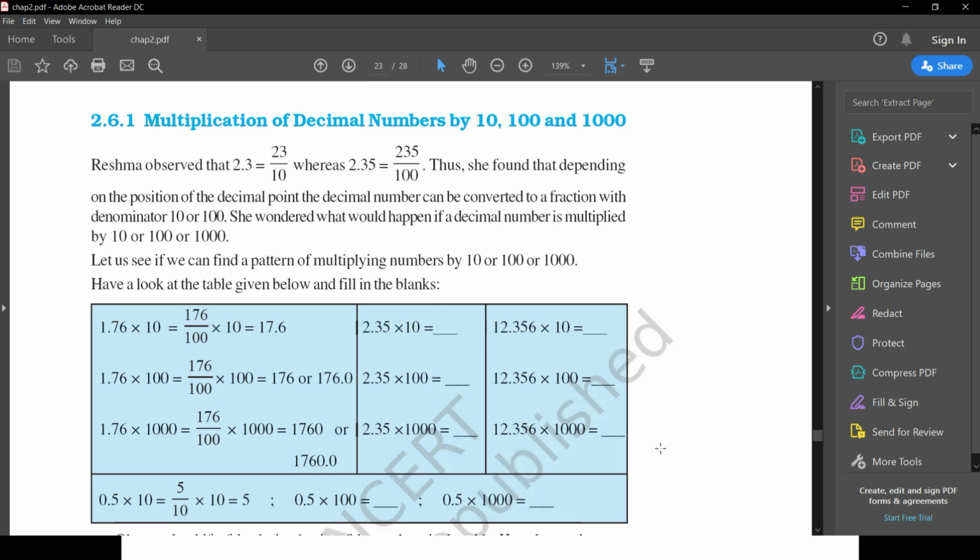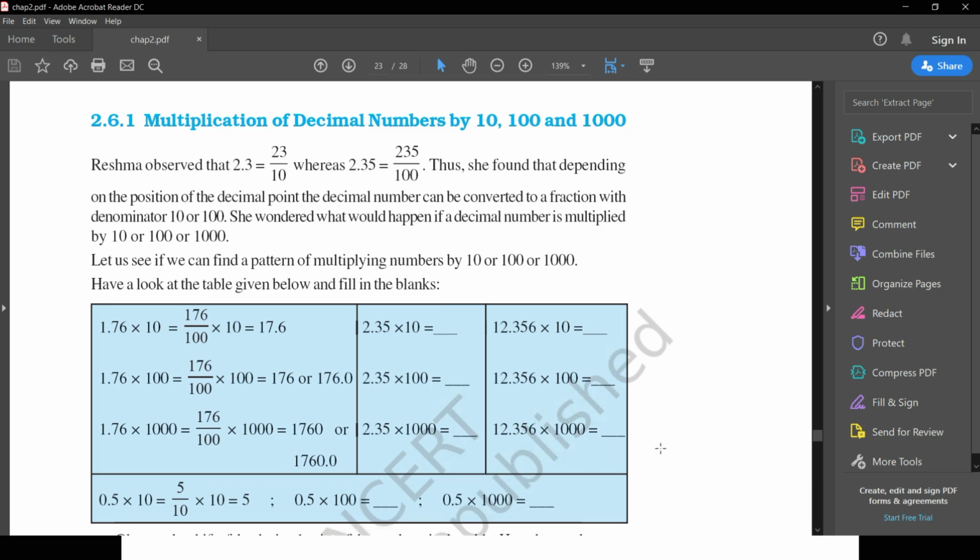Now if we multiply 1.76 into 100, that will be 176 by 100 multiplied by 100, and the result will be 176. Again, 1.76 multiplied by 1000 can be written as 176 by 100 multiplied by 1000, that is 1760.